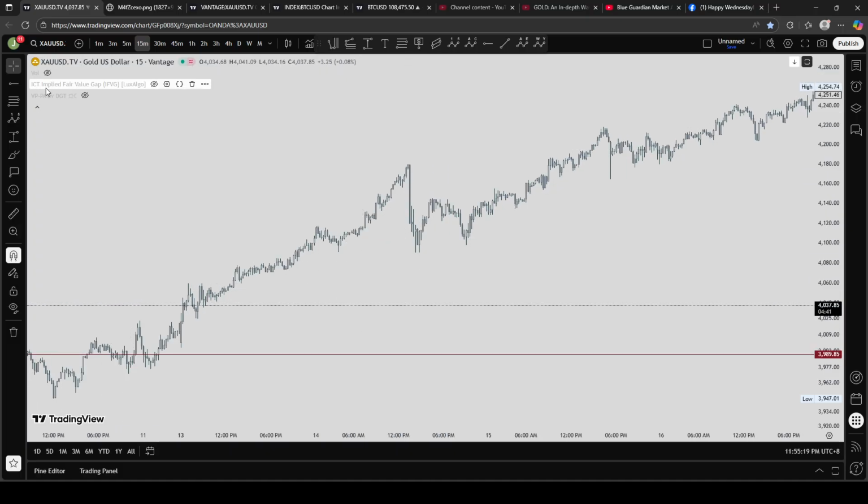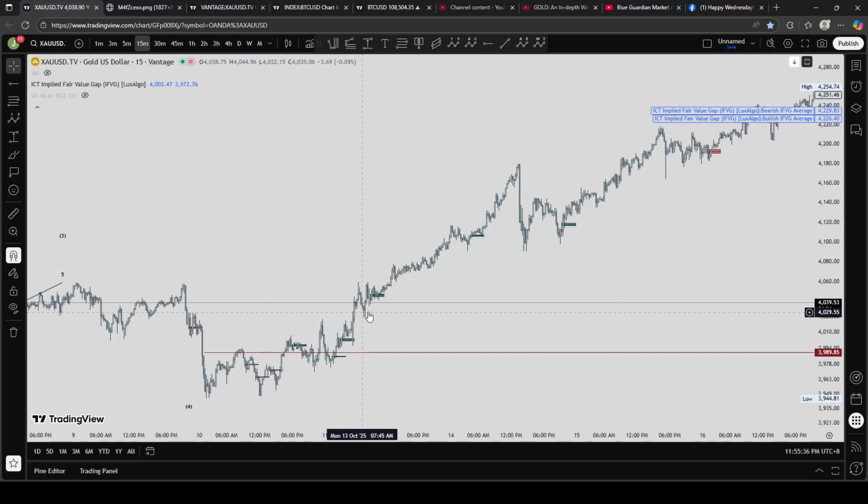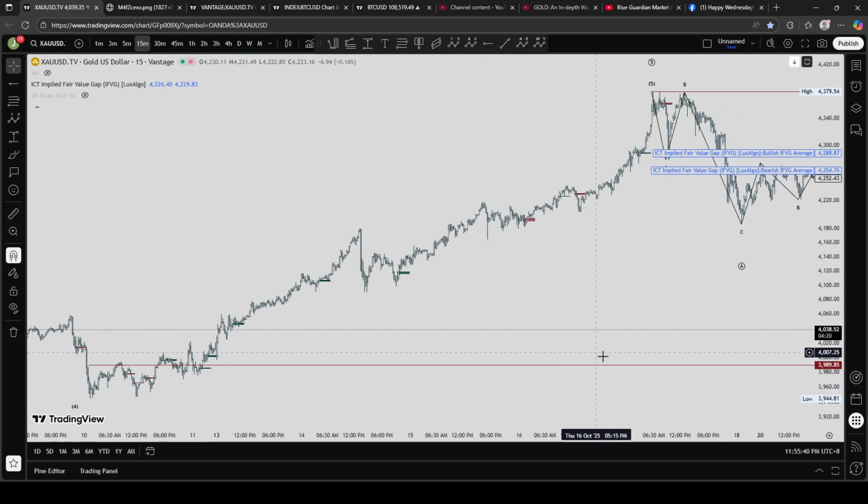If you're not yet familiar with implied fair value gap, you can use the indicator ICT implied fair value gap by Lux Algo. And then the 15 minutes time frame that I mentioned a while ago is this one.